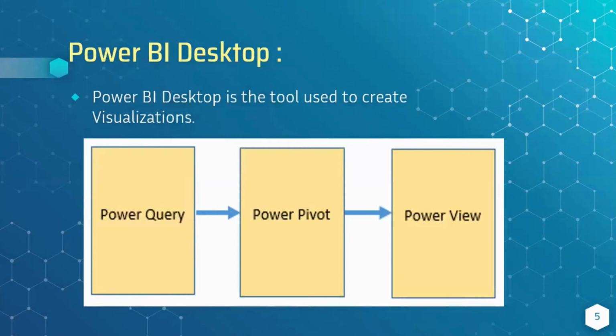Power BI Desktop is the tool used to create visualizations. At the high level, we have three components in Power BI Desktop: Power Query, Power Pivot, and Power View. Using Power Query, we will connect to different types of data sources and extract the data.